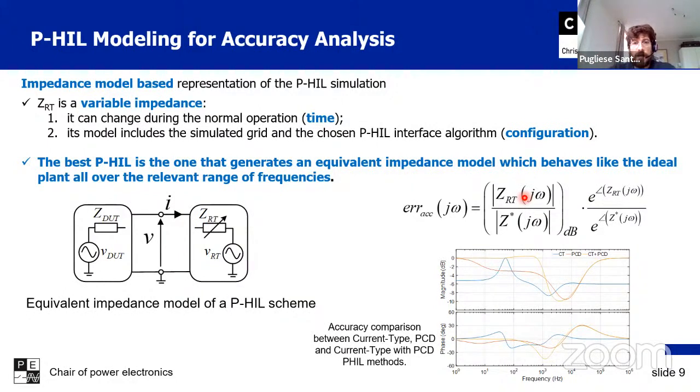So in this way, I can represent the accuracy as an error, as the ratio between the impedance of the equivalent real-time simulation and the impedance of my naturally coupled system, which is my target.